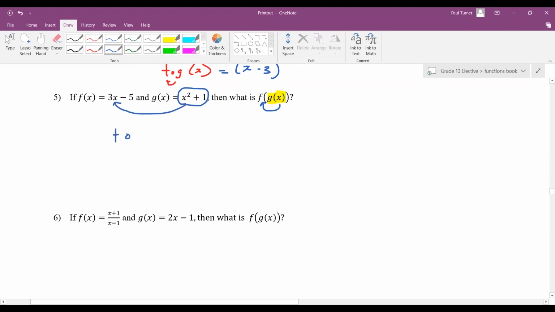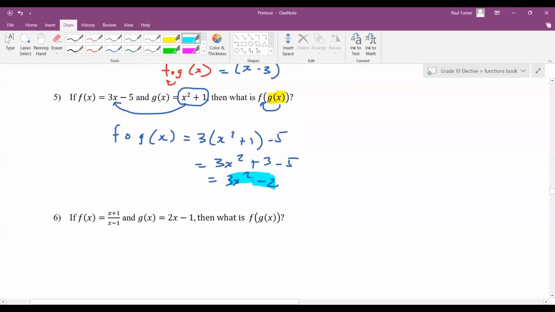So f of g(x) is 3x squared plus 1 minus 5. So 3x squared plus 3 minus 5, 3x squared minus 2 there for your answer, okay? So that's your composite, g into f.